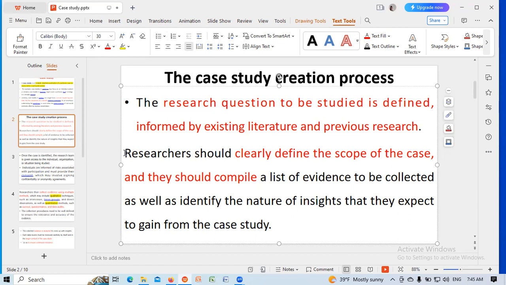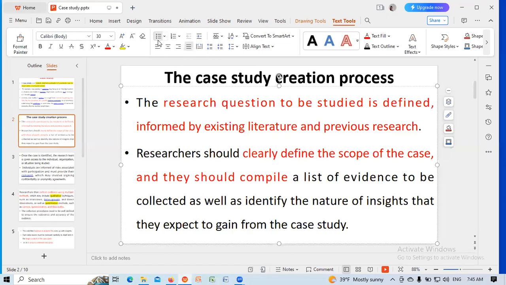Second, researchers should clearly define the scope of the case and they should compile a list of evidence to be collected, as well as identify the nature of insight they expect to gain from the case study.